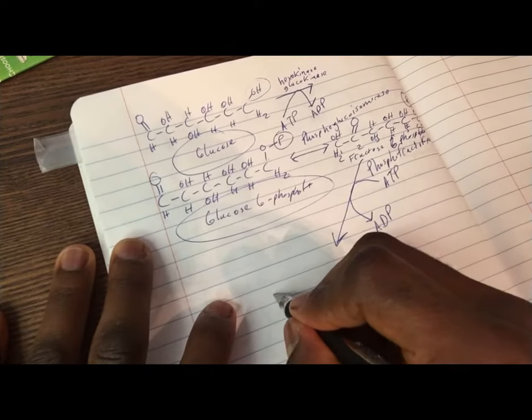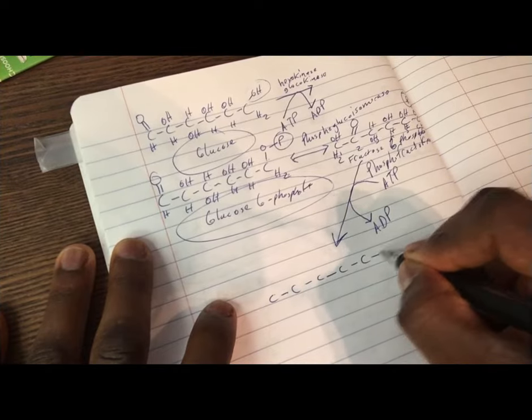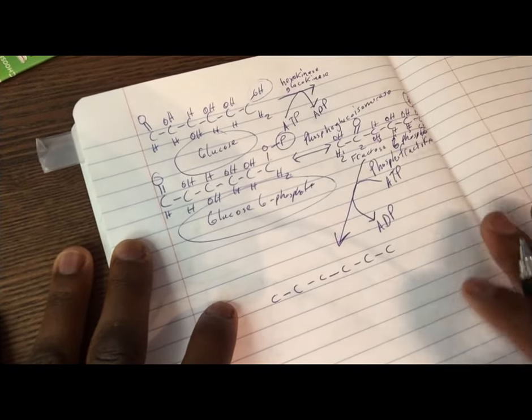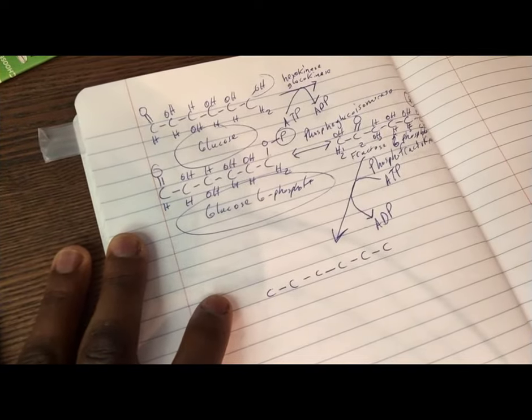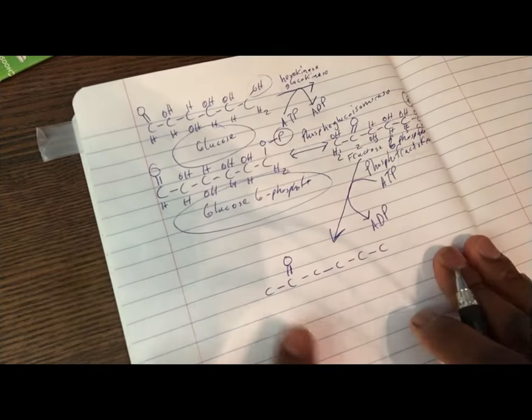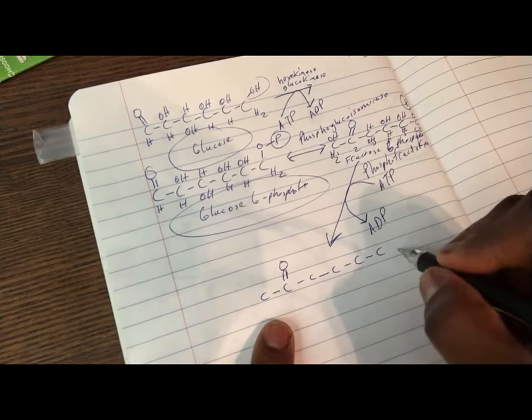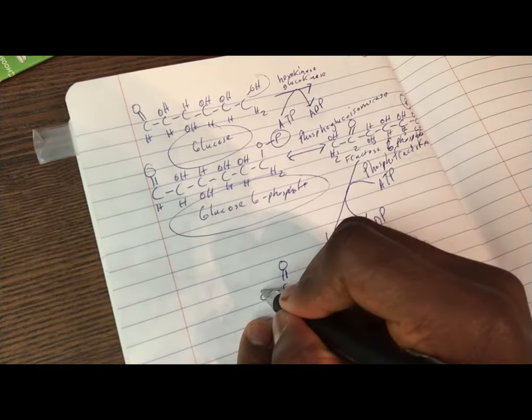Here we produce, sorry, this is kind of ghetto, but it will be just fine. And also recall that fructose is a ketose, right? Glucose, aldose; fructose, ketose.